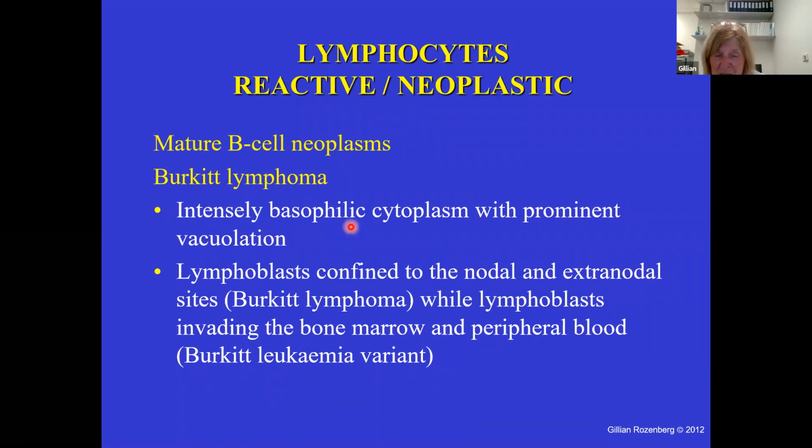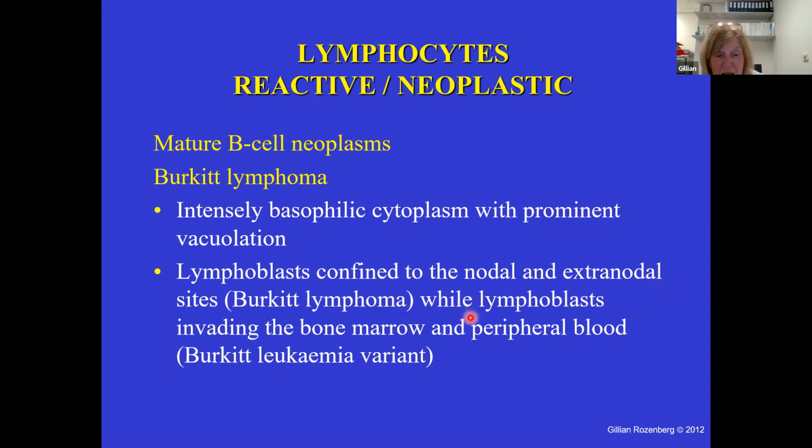They have intensely basophilic cytoplasm, and these cells stand out because they have prominent vacuolation in this intensely basophilic cytoplasm. Lymphoblasts are confined to the nodal or extranodal sites. If that's the case, it's diagnosed as a Burkitt lymphoma.